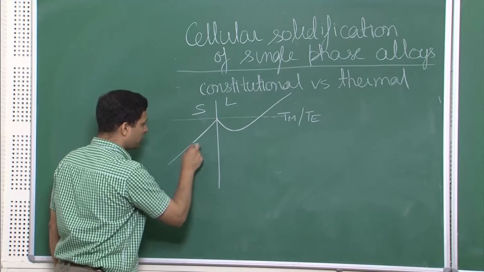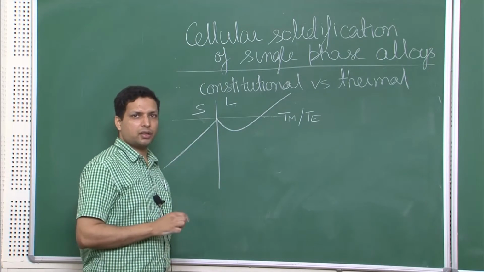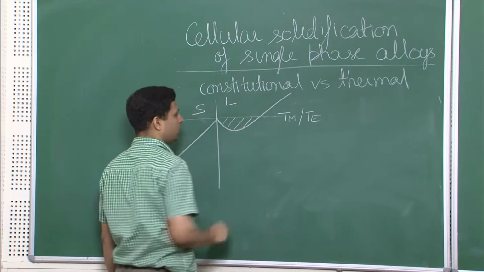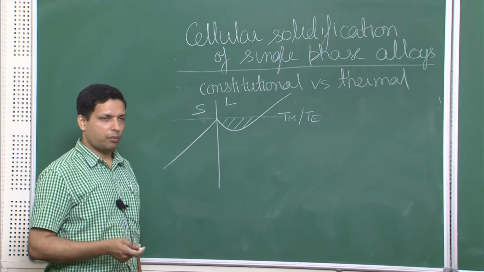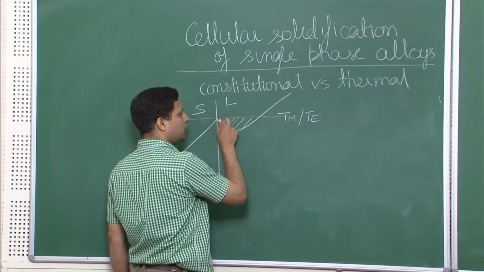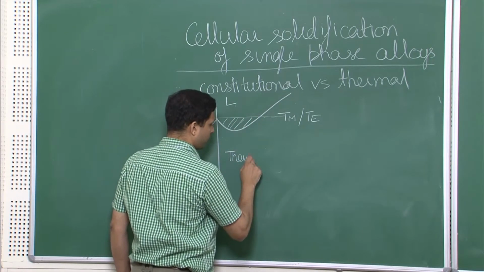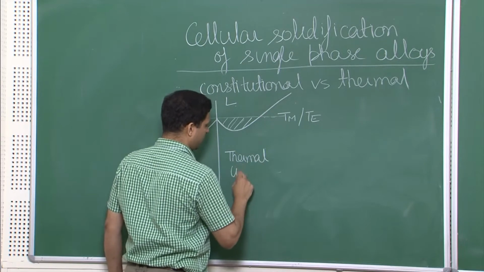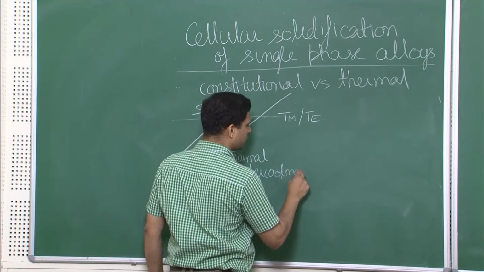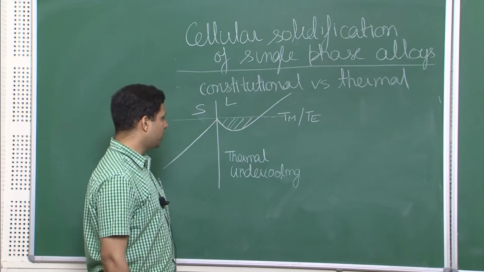In the solid, of course, the temperature is increasing up to the interface, so the solid is stable. But in this part, as you can see, the temperature being lower than the Tm, it is lower than the freezing point, and this is called thermal undercooling or supercooling. You can use the terms interchangeably, undercooling and supercooling.